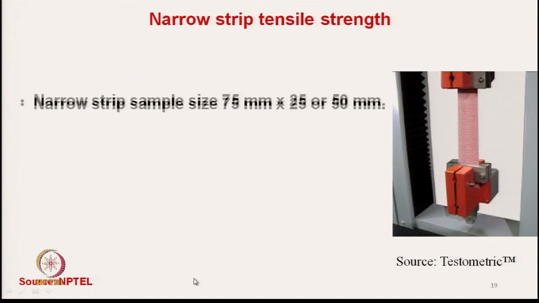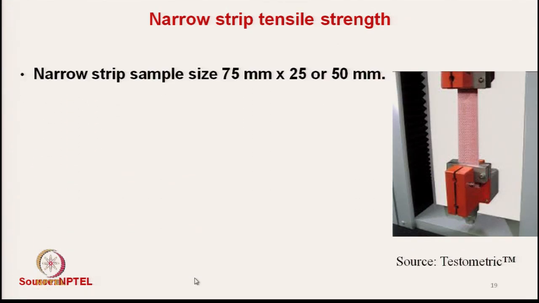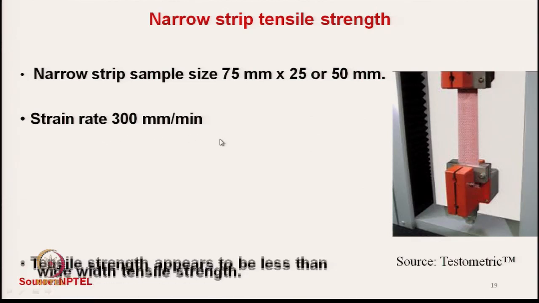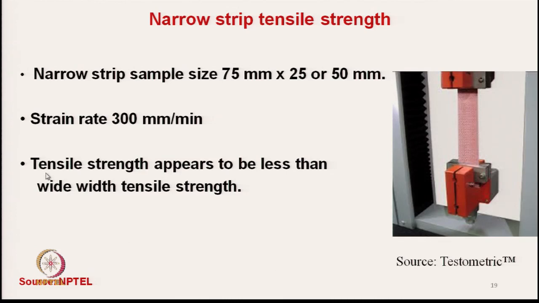We sometimes test the geotextile in narrow strip tensile mode also, where size of the strip is 75 millimeter by 25 millimeter, strain rate is 300 millimeter per minute, and tensile strength appears to be less than the wide width tensile strength.